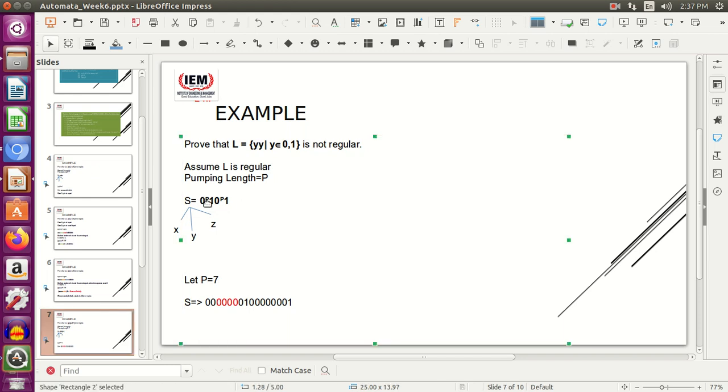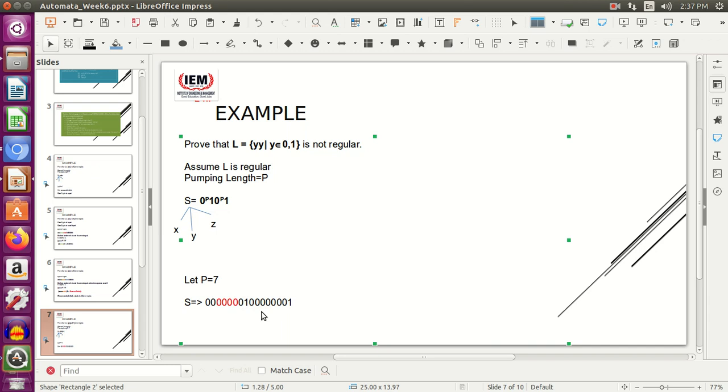So this form, like 0 to the power p 1, and then again repeat 0 to the power p 1. And what is the value of p? The value of p I have considered as 7, right? Okay. So if the value of p is 7 and you just write it, what will be the form? You have 7 zeros, 1 2 3 4 5 6 7, and then 1, and then again 7 zeros, and then 1. Okay. So this is how you're going to write.